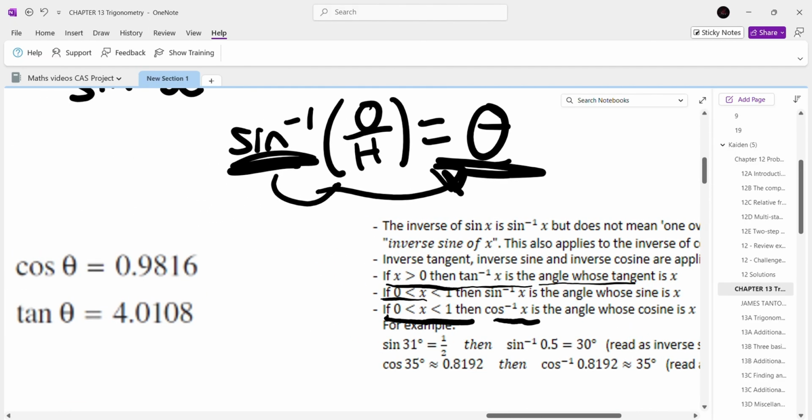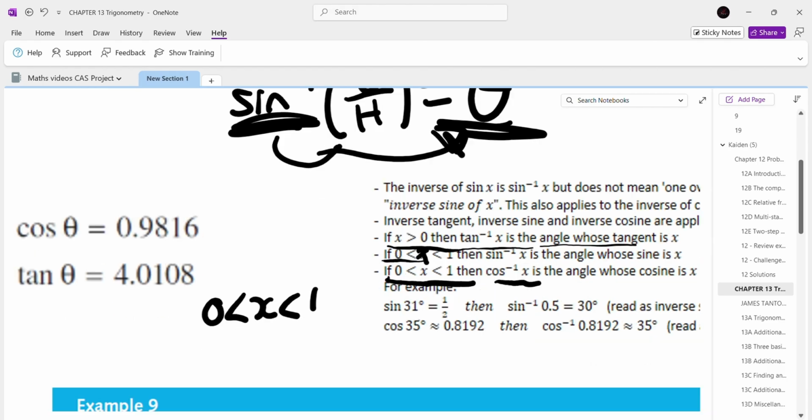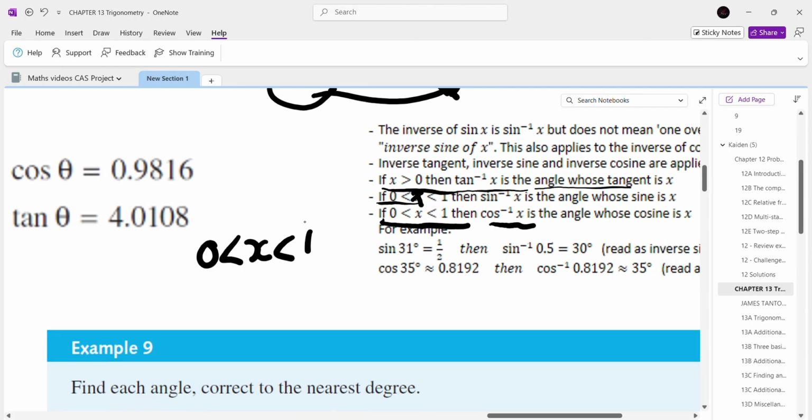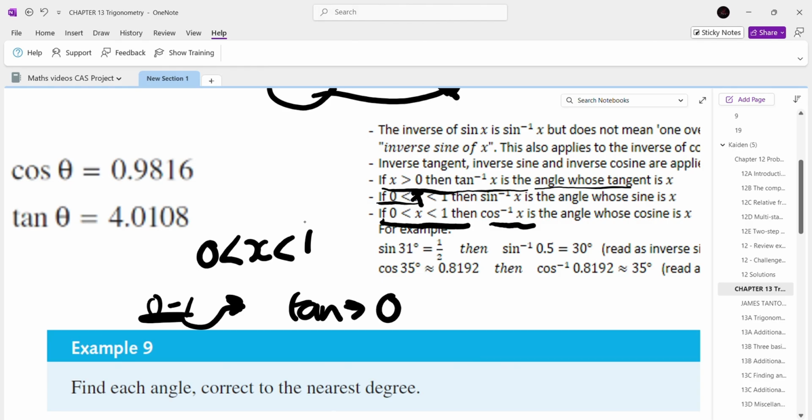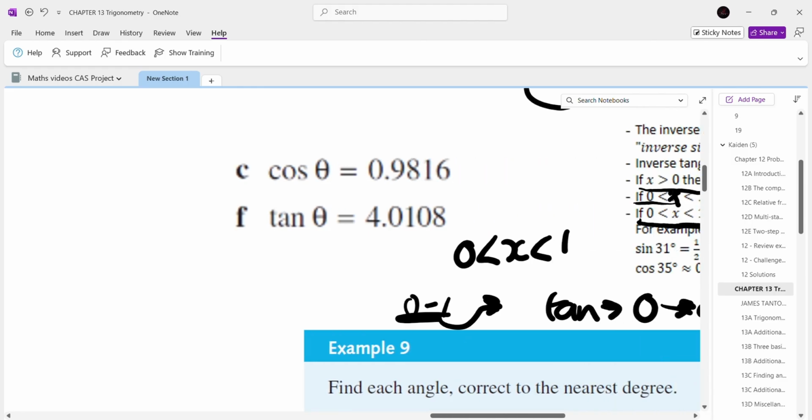Now, if you're wondering why the x value here is constricted between 0 and 1, it's because our sine and cosine values can only go from 0 to 1. They can't go above and they can't go below. Our tangent value can go from 0 to infinity at 90 degrees.